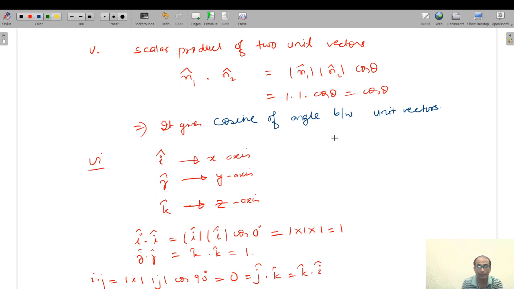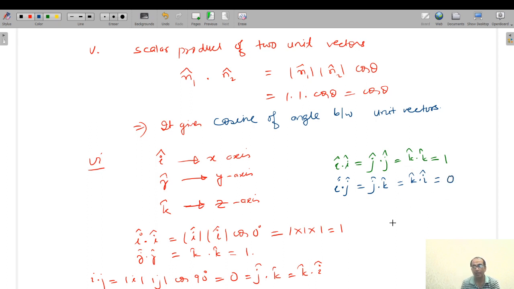Let me write it here. i dot i is equal to j dot j is equal to k dot k, and they are all 1, whereas if you multiply these unit vectors which are perpendicular to each other, that is i dot j or j dot k or k dot i, this would be equal to 0, because they are perpendicular, so angle between them would be 90 degree, right?